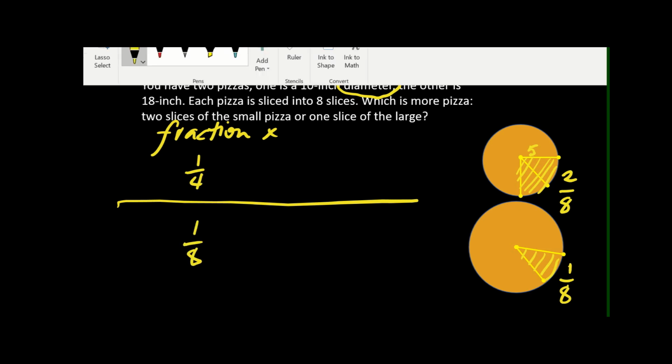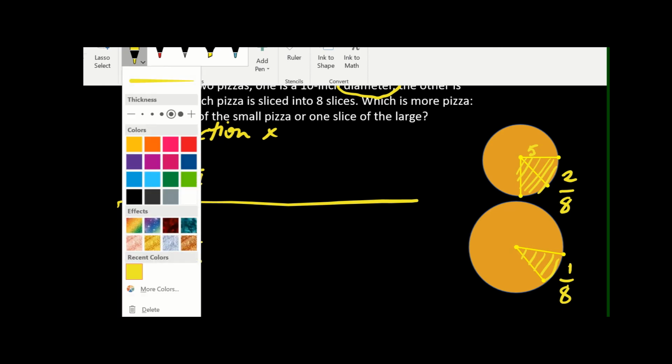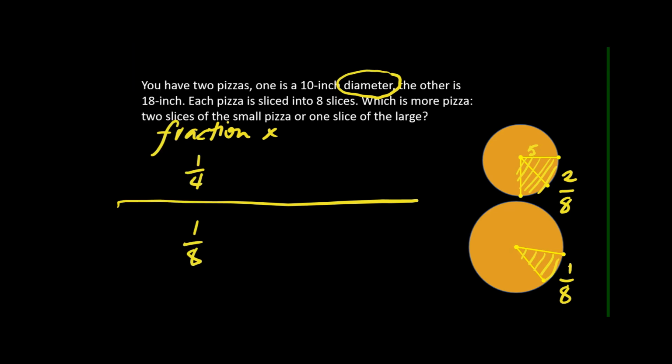And then we'll switch to blue and talk about our whole. And that's the thing. Which would you rather have? A quarter of a small pizza or 1/8 of a large pizza? Well, what is this? This is pi times 5 squared, 25 pi.